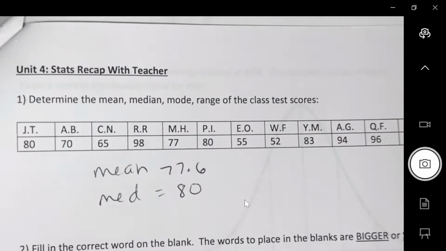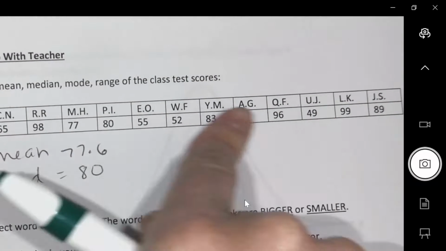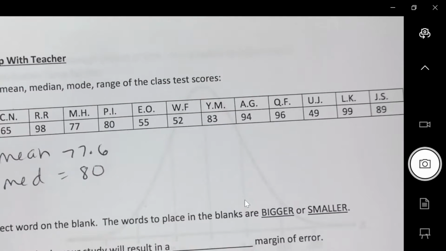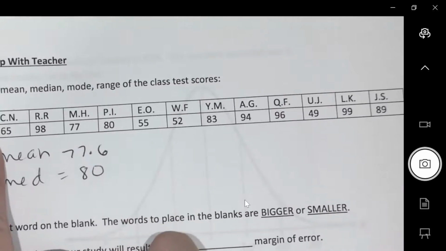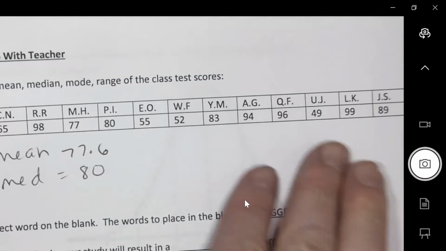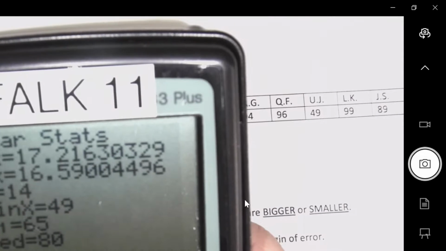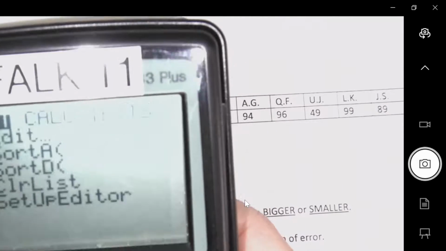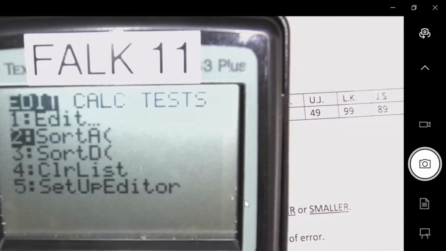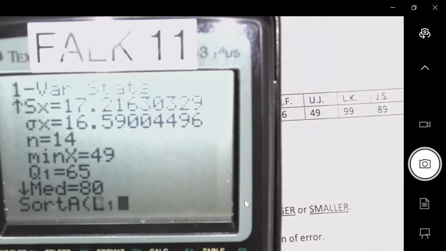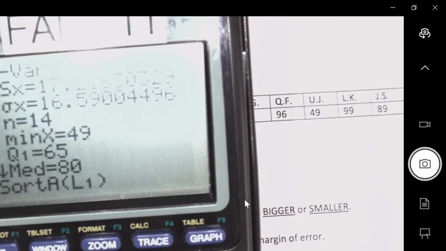The mode, you can't really ask your calculator to do that. I can just look usually on here. Do I have anything? Well, 80, 80. Okay, you can look. There is something else I can do. I could hit the stat, and I could go to sort A, L1, the list 1, and it's going to sort in ascending order the list.